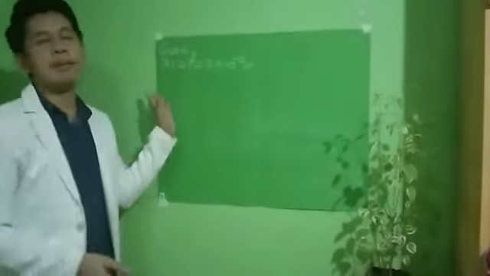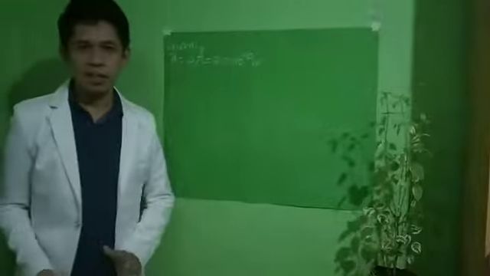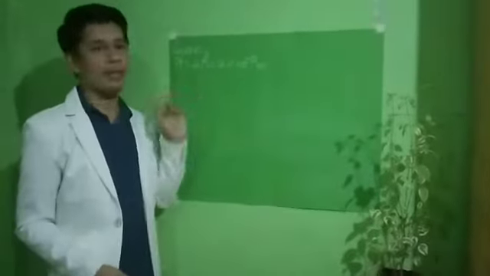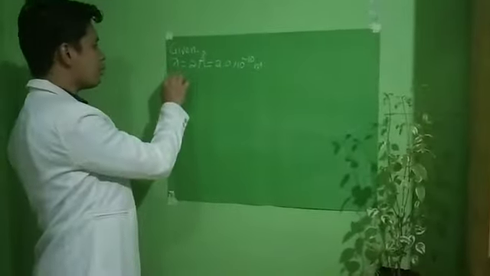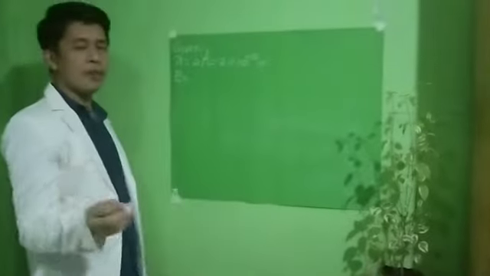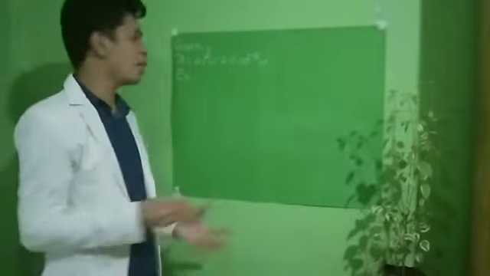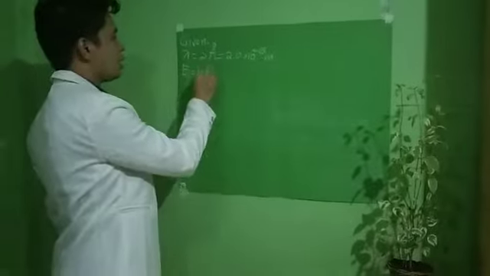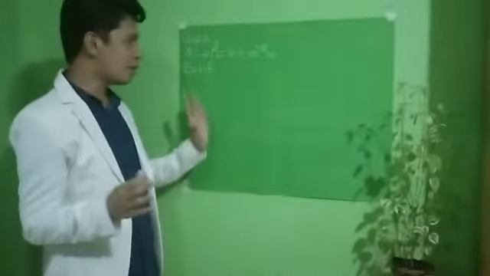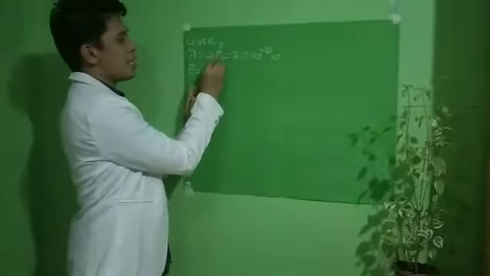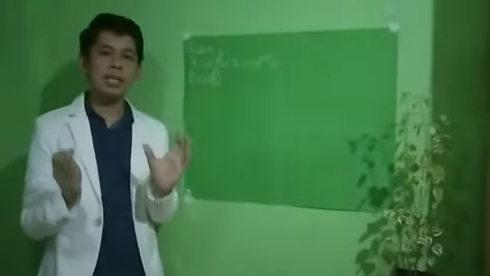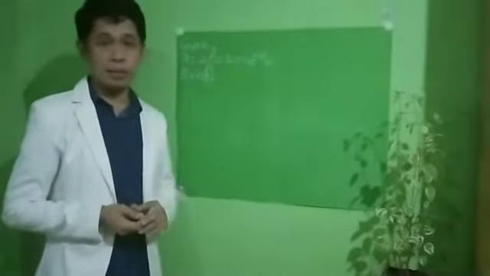So, paano natin mahanap si energy with the use of wavelength lang? If you can still remember, the formula for Planck's quantum theory is E equals HF. Now, we are going to replace frequency using our sine wave equation.